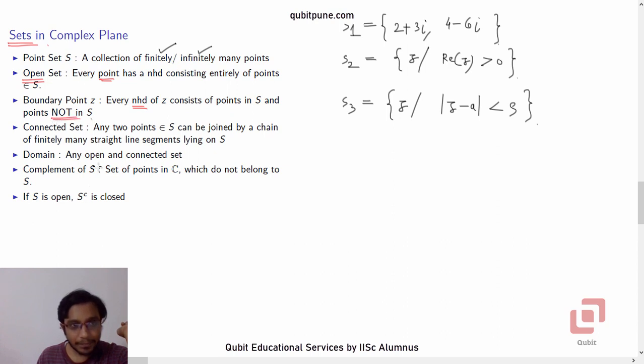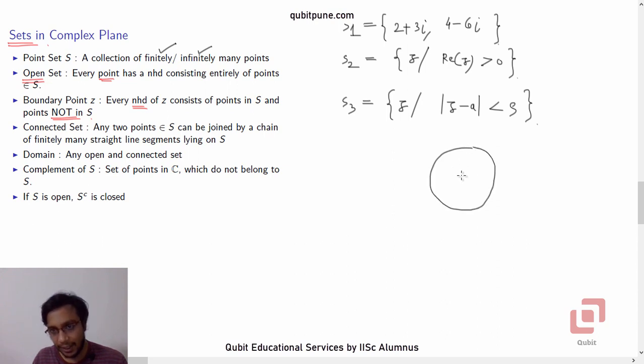Now this is important. For this, let us draw a circle centered at A, the complex number A, and let's focus on the boundary. If this is a boundary point, then no matter how small the radius delta is, that particular neighborhood is going to consist of points which not only belong to the circle or the interior, but also the points which belong to the exterior.